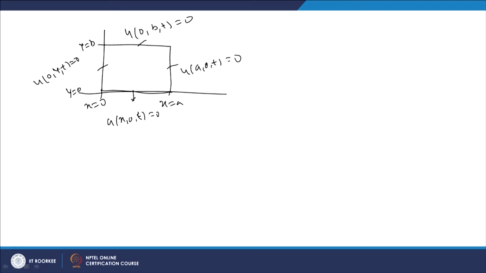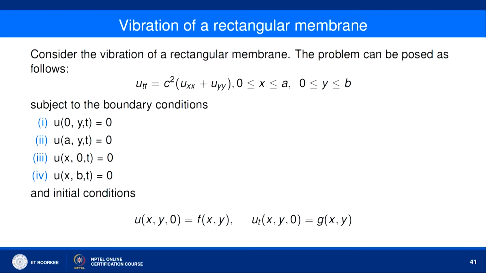So, we have these boundary conditions. The initial conditions are already given: u of x, y, 0 equal to f of x, y, and ut of x, y, 0 equal to g of x, y. Now we want to find the solution of this wave equation, where x lies between 0 and a and y lies between 0 and b.